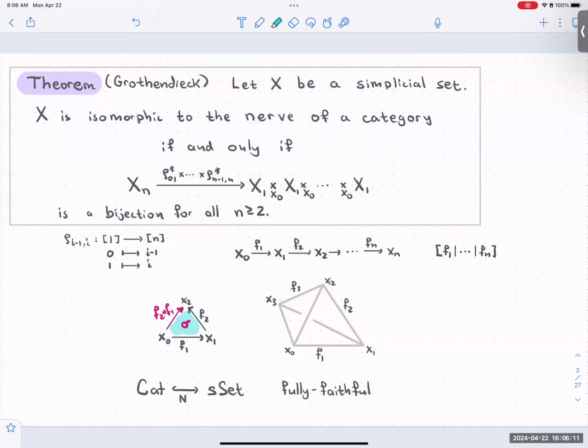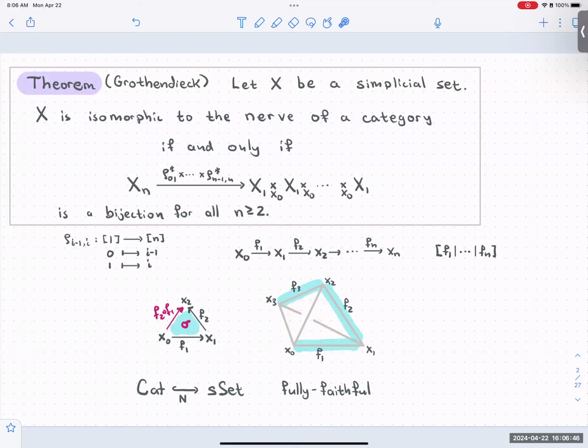This information is saying we're starting with F1, F2, F3. And there's sort of 2 ways that I can start filling this in. I could first fill in this back face and then compose along this bottom face. And that gives us something like, first compose F2 and F3 and then compose with F1, or I could fill in this front face and then this other front face, and that gives me the other associator, and they end up being the same because this comes from a simplex.